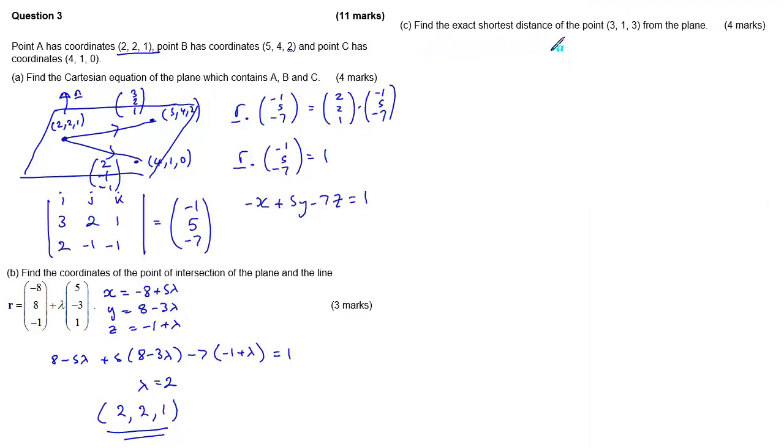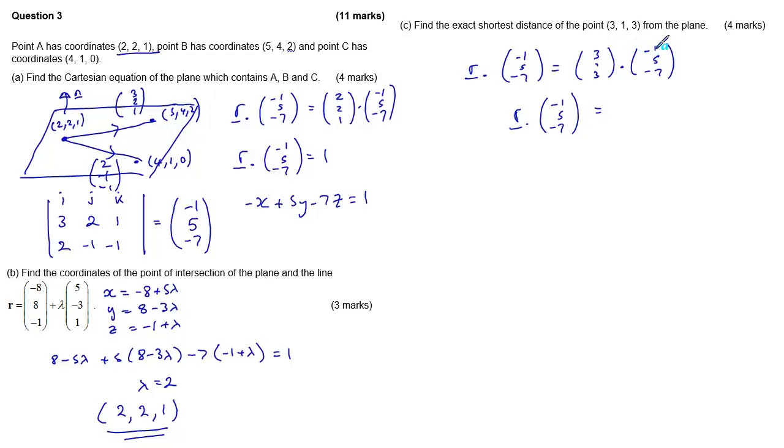Find the exact shortest distance of the point (3, 1, 3) from the plane. So let's construct a parallel plane containing this point. So r dot (-1, 5, -7) is (3, 1, 3) dot (-1, 5, -7).